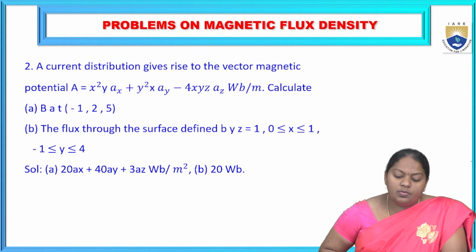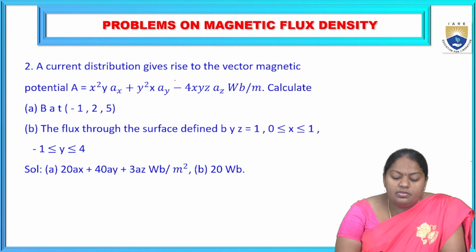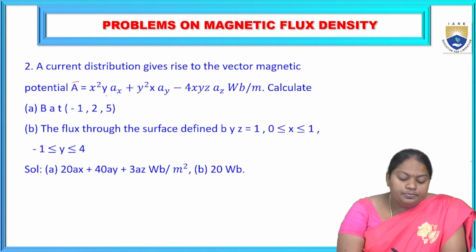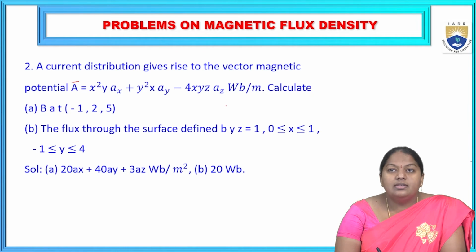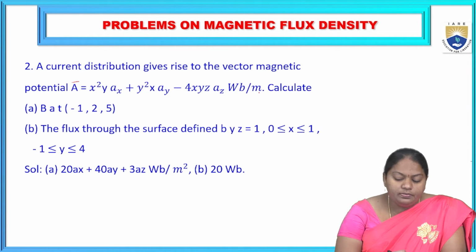Similarly, one more problem is based again on magnetic flux density and field intensity. A current distribution gives rise to the vector magnetic potential A equal to x square y ax plus y square x ay minus 4xyz az Weber per meter.